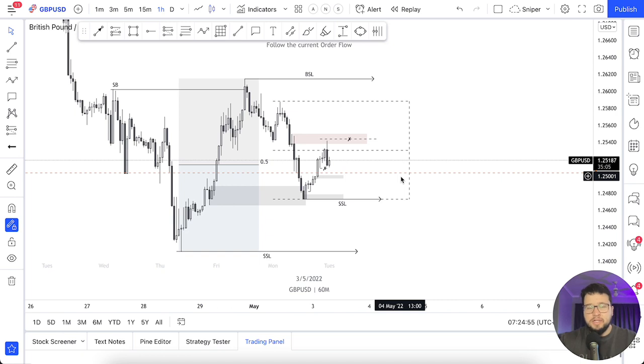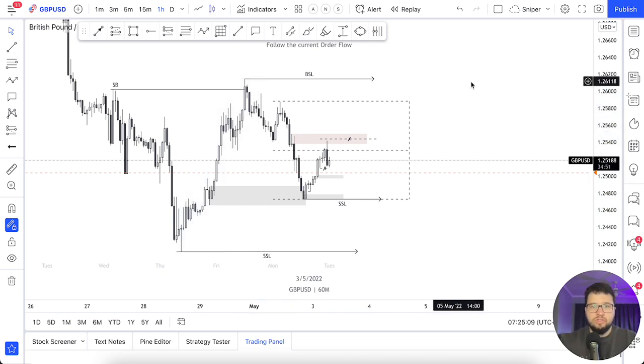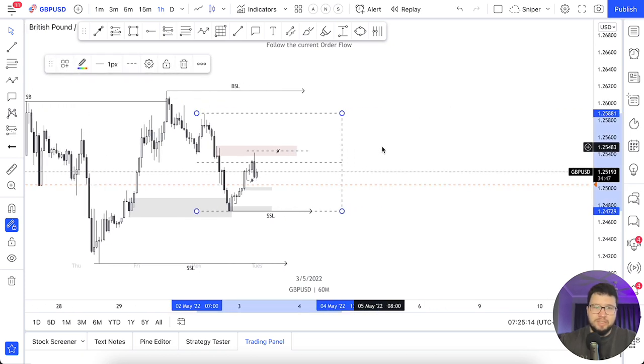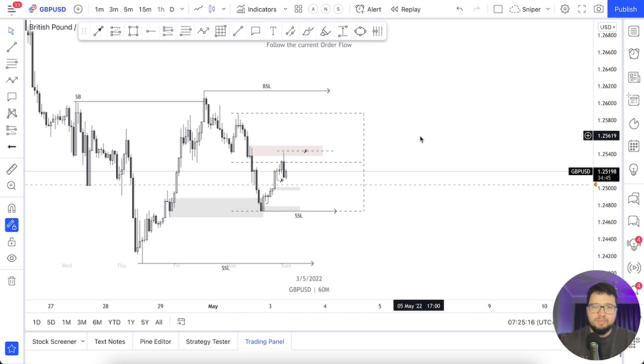So it is a reason for pause and a reason for us to just wait a bit to see what price is going to do. How's it going to show its hand? So yes, that is, I think, it for GU. So you kind of have an idea of what I'm looking at, what I'm anticipating. Let's see how it plays out and what is then given to us.